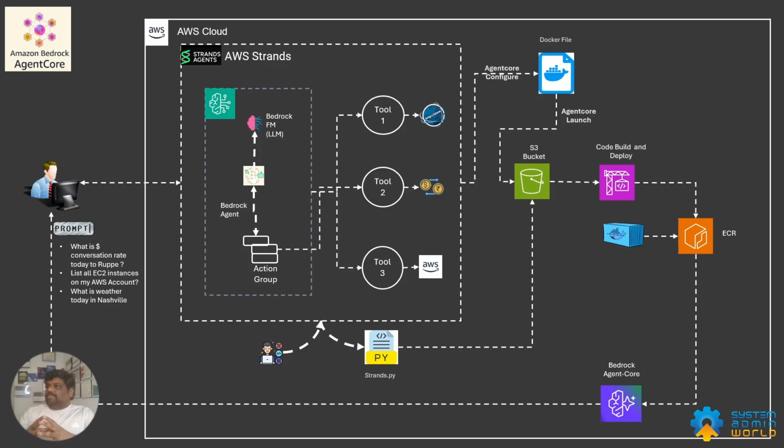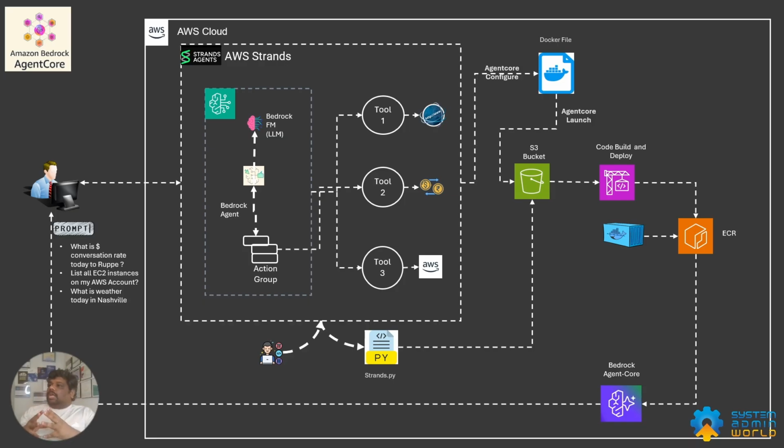Through that, it generates the Dockerfile. That Dockerfile will be used for the agentcore launch, which stores all the files, the Dockerfile, the strands.py file, and the requirements.txt file, in the S3 bucket.